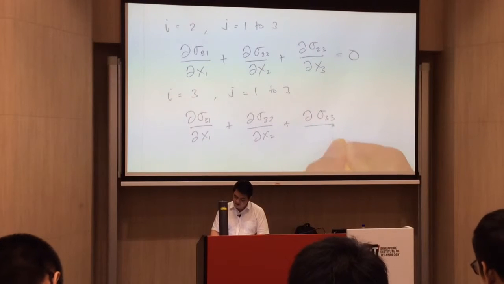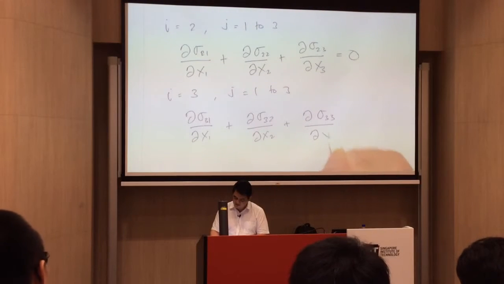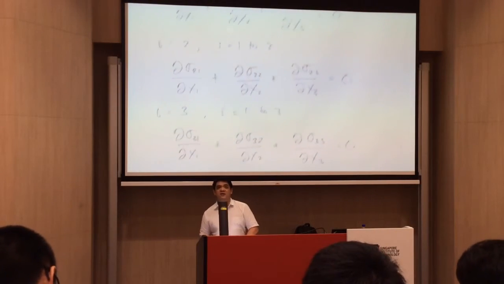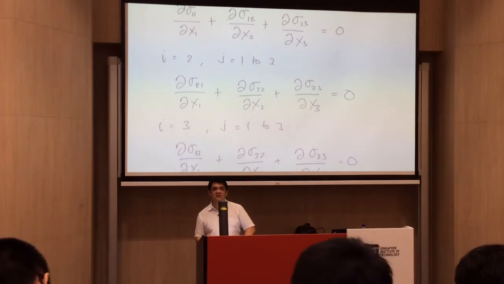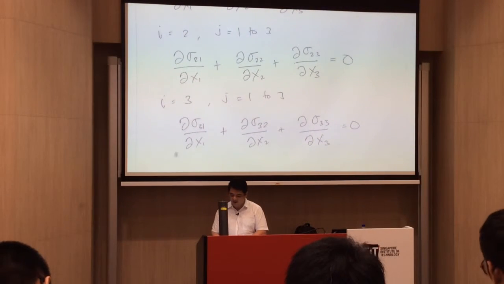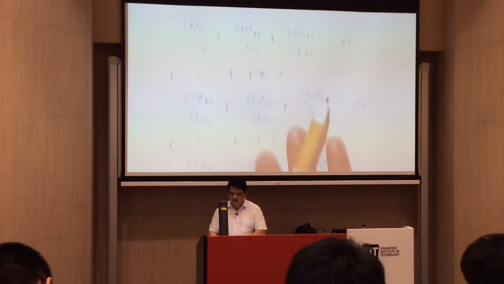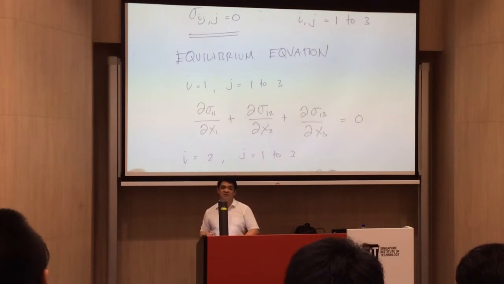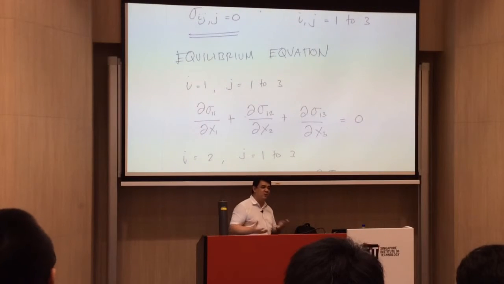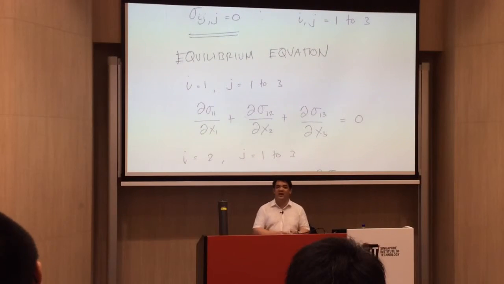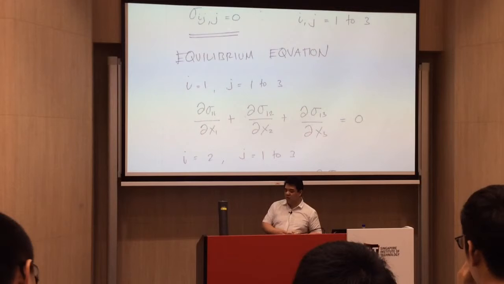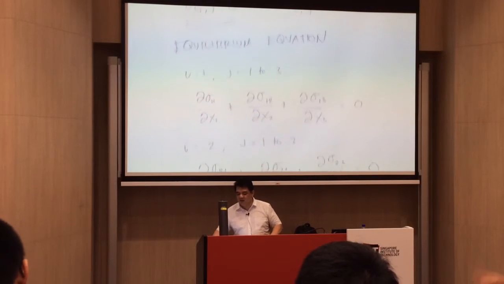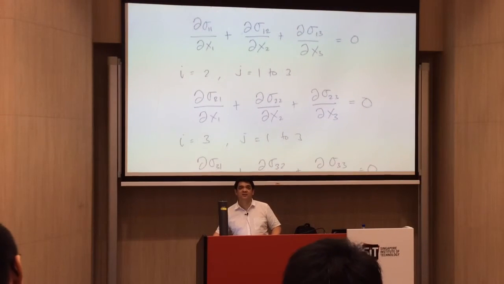So I'm just writing things now. As you can see, it's just a definition. Instead of writing all of these three, I can simply write them as sigma ij, comma j. That's the purpose of indicial notation. I hope you understand now why we have to use indicial notation. We're not complicating things, we're just trying to make things simpler for us.